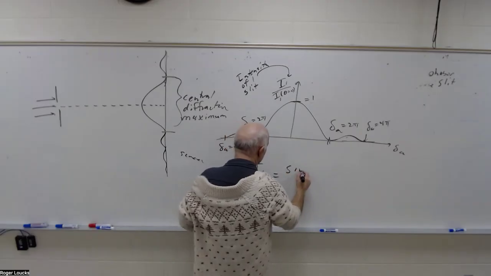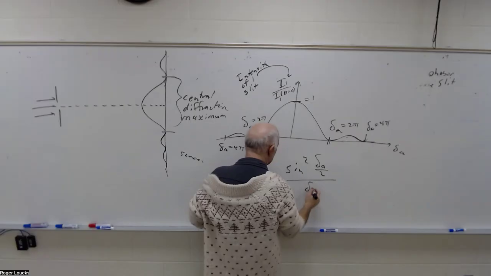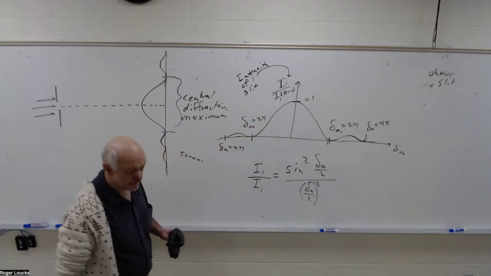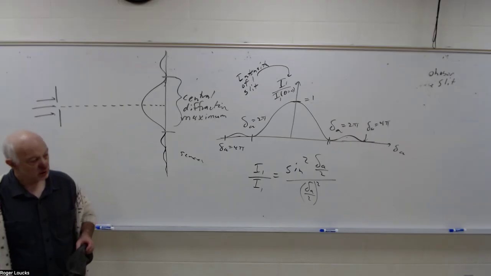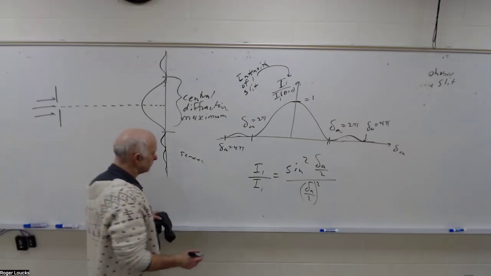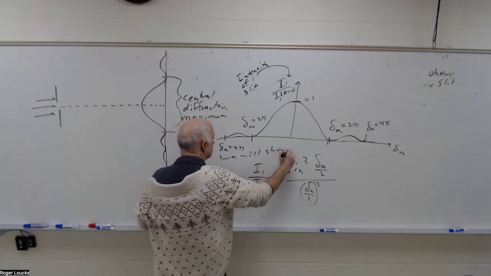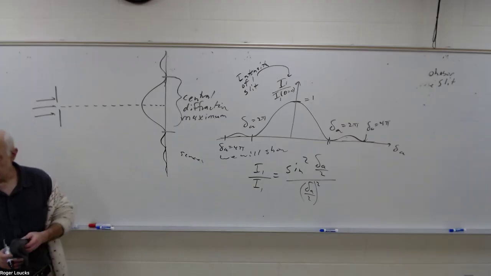This is going to be sine squared of delta A over 2, divided by delta A over 2, squared. Okay. This is the answer. You tell me how to do it.